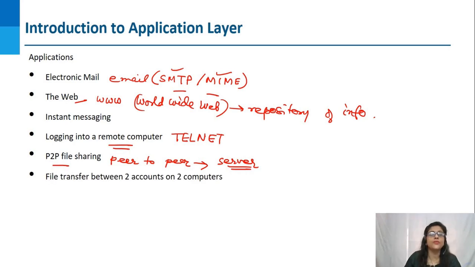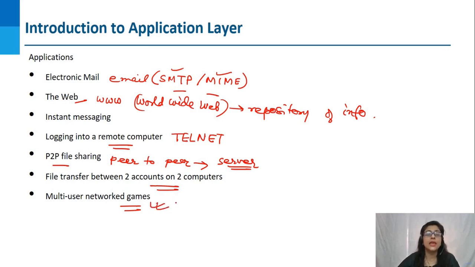Then we can have file transfer between two accounts on two different computers. After that, multi-user networked games can also be used. So the gaming is also a part of the application layer. There are various gaming consoles and gaming programming languages that can be used by the programmer to design the network games.